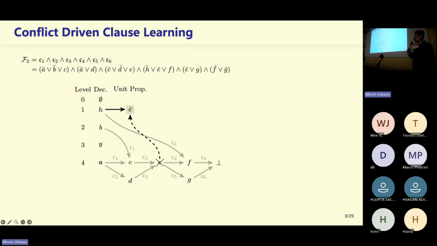In the roots, there are no incoming edges. So these variables, in this example h, b, y, and a, are assigned by heuristics. We design heuristics to give them a value. Here, all the variables are assigned to true. And the other variables, the inside nodes, have values that are not assigned by heuristics. Instead, they are assigned by inference.